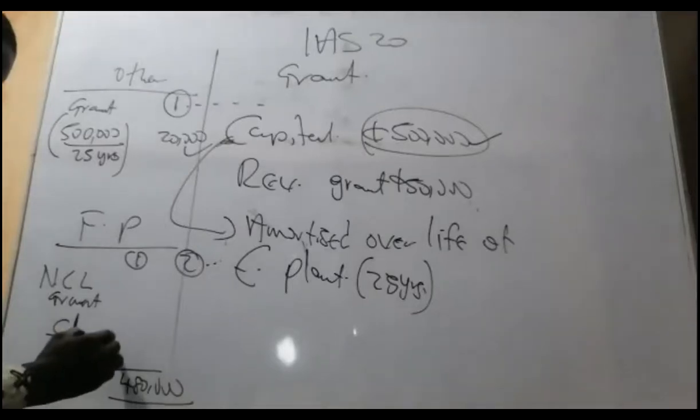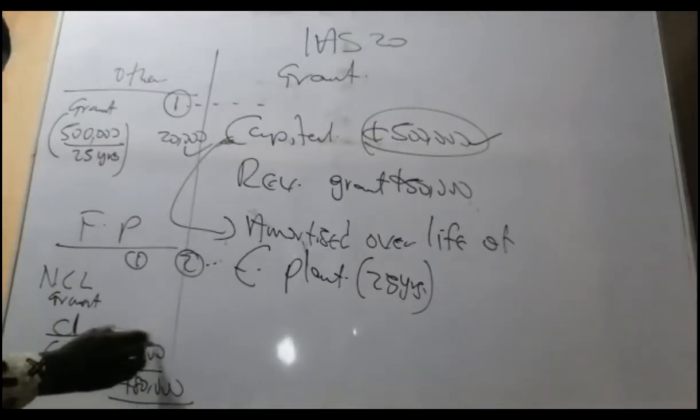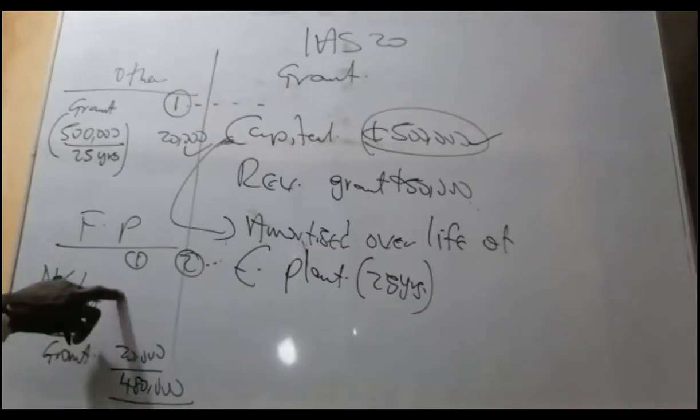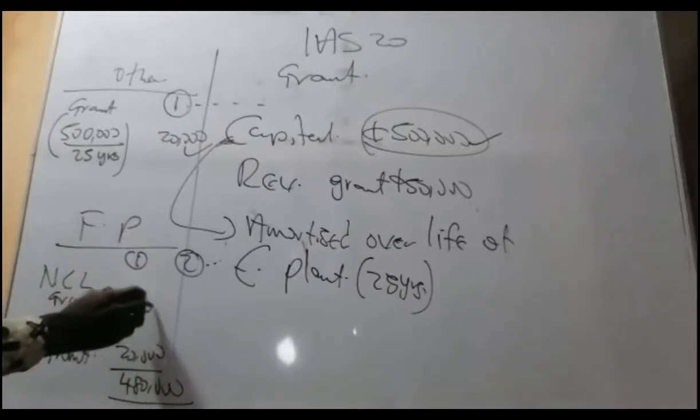Good. So I will call it here 20,000. So if the total liability is 480 and 20,000 is current, non-current will be what? 460,000.